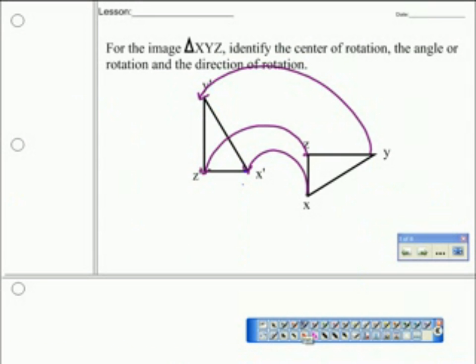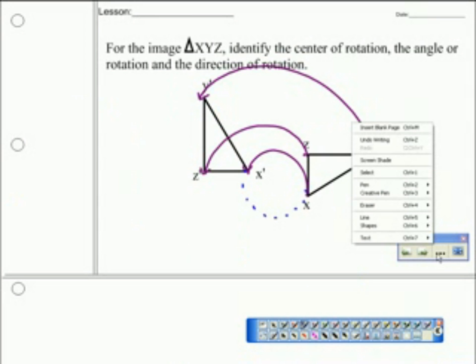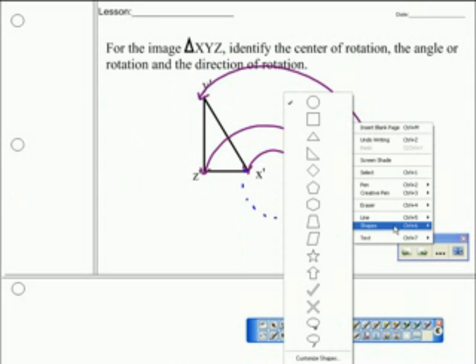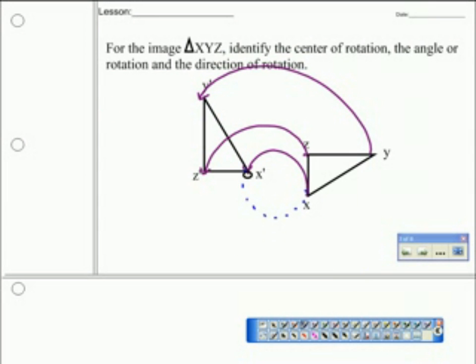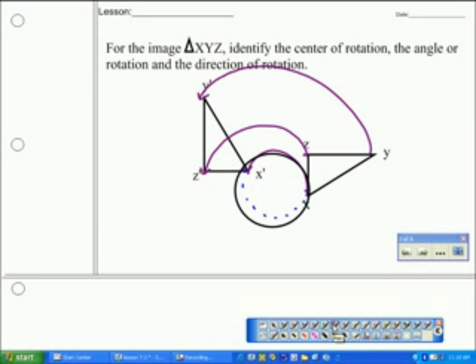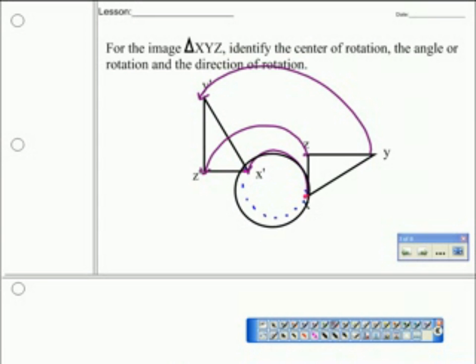Now let's complete the circle. Or we could even put a circle in there. Started there and end up right there.